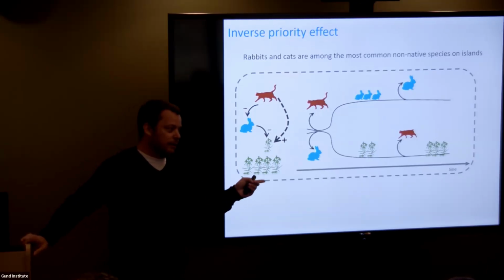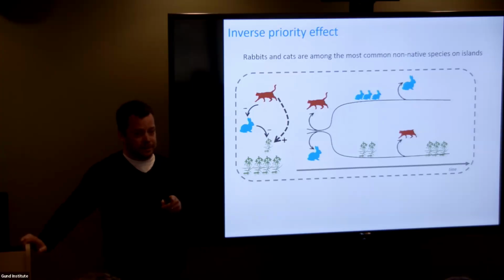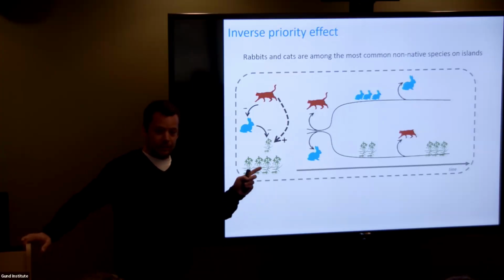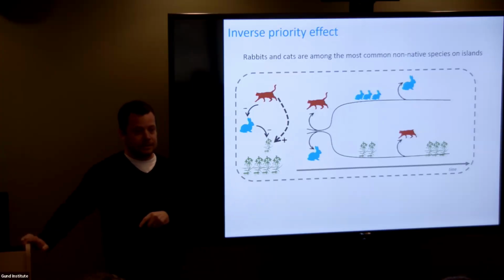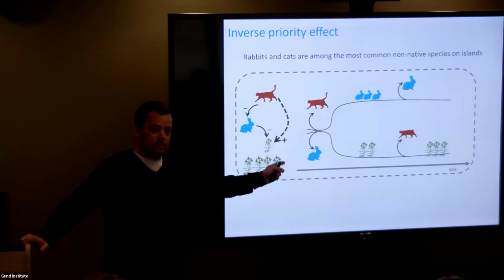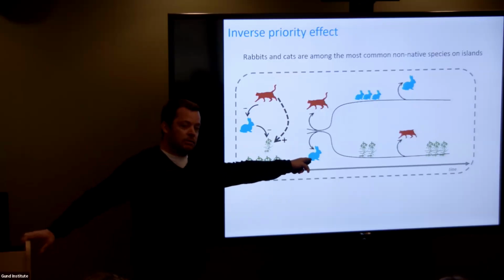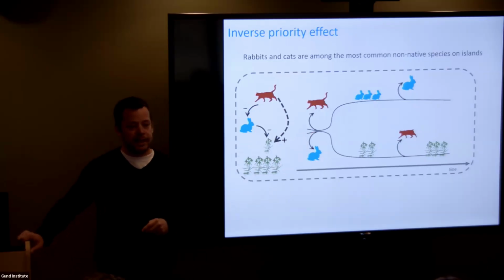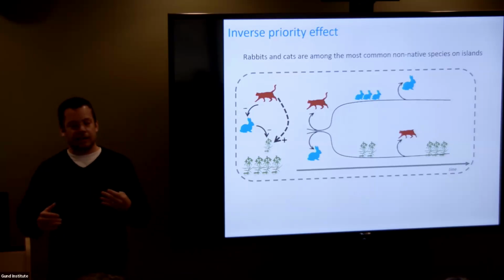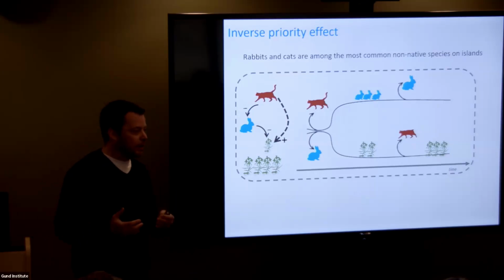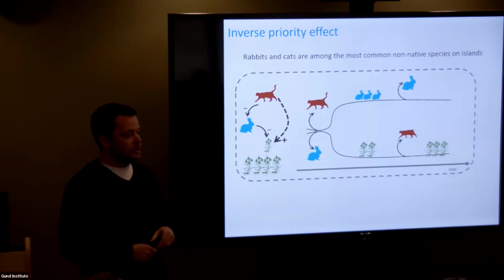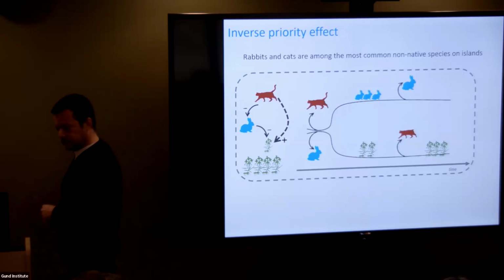Because if you remove the rabbits during the nesting season of birds, now the cats are gonna be hyper-predating those birds. But if it's not the nesting season, maybe we have the chance to remove the rabbits and then remove the cats. So this is an example of how we are thinking about applying this inverse priority effect.